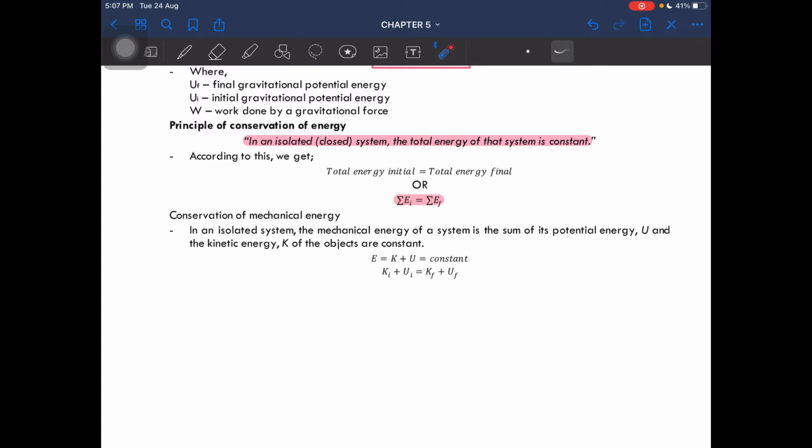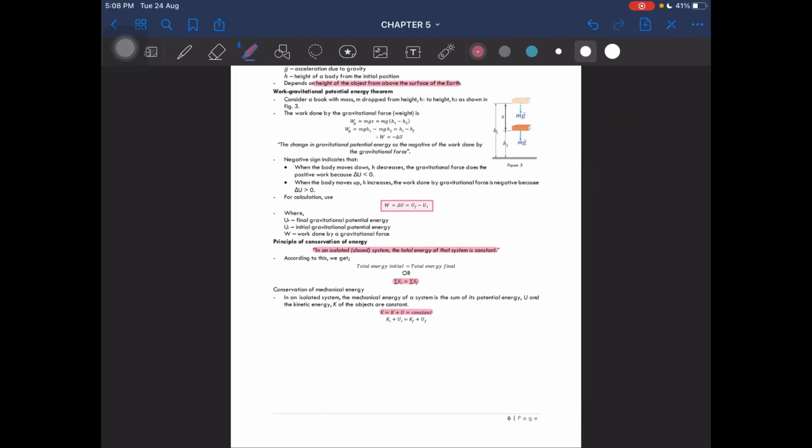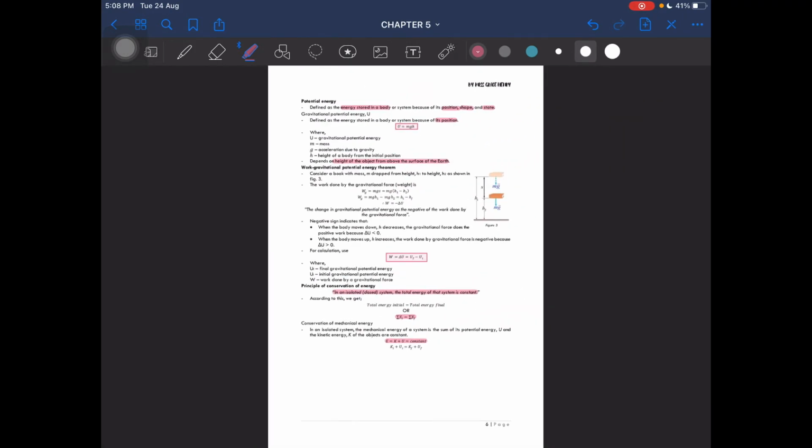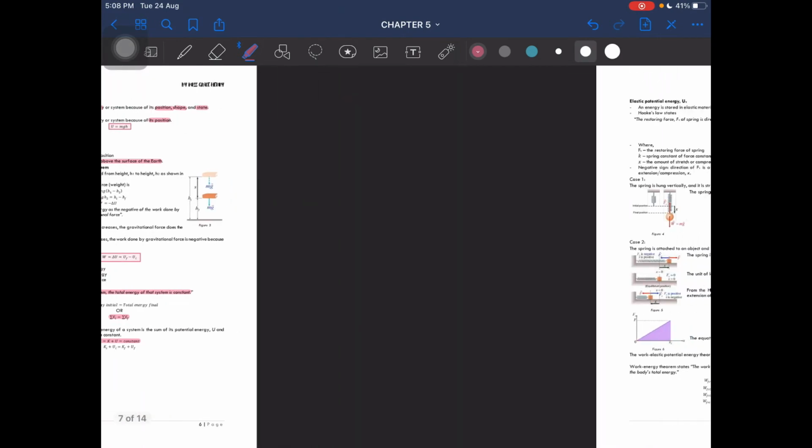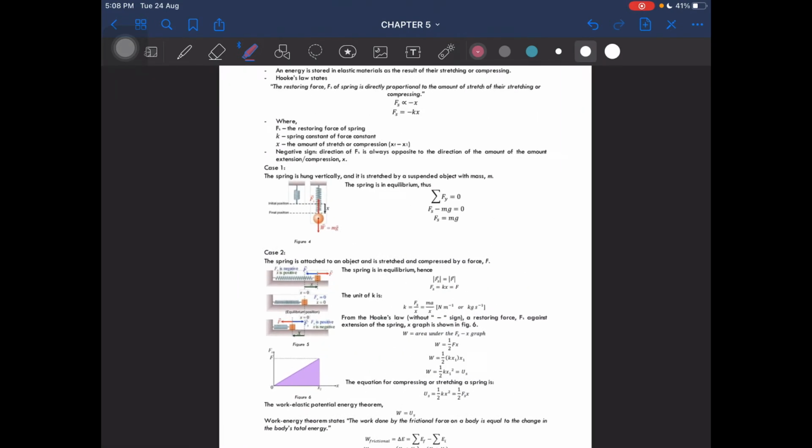For the conservation of mechanical energy, the sum of its potential energy U and kinetic energy should be constant. The parts I've highlighted are very important, so make sure you read through the explanations and understand that part.